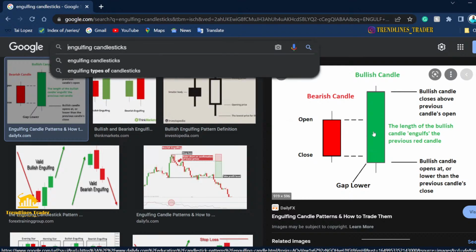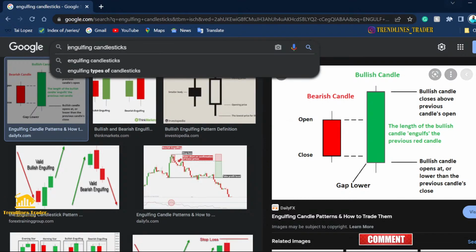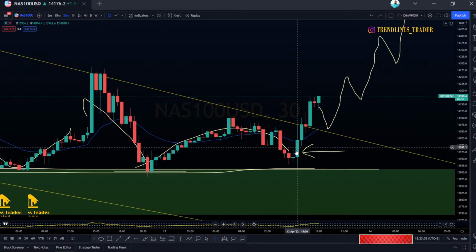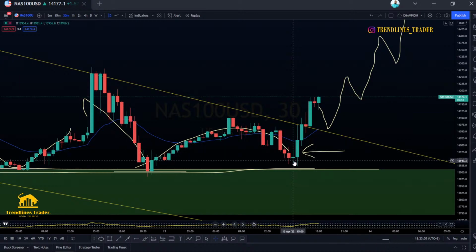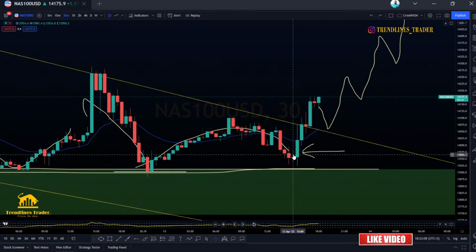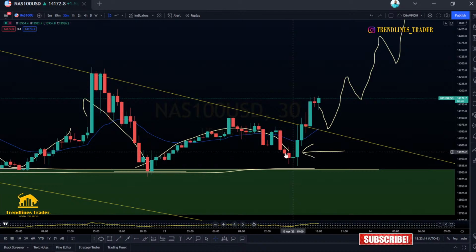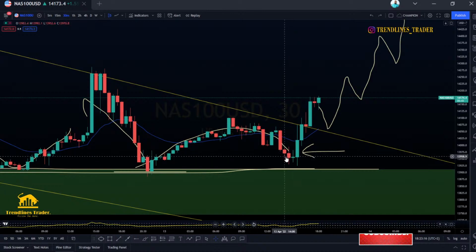I hope it does make sense. Look at the length that we are talking about. It engulfs the previous candlestick, but this is the doji. Still, it engulfs this previous red candlestick right there. I hope it makes sense, ladies and gentlemen.